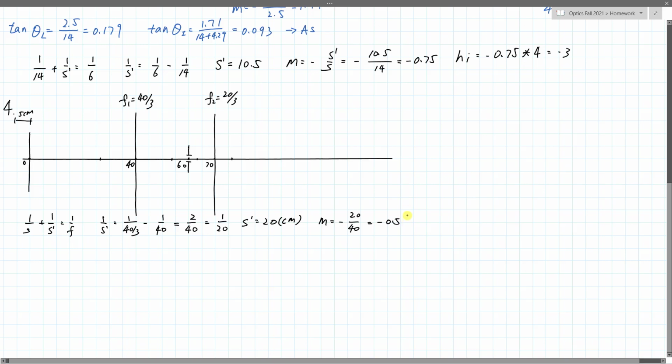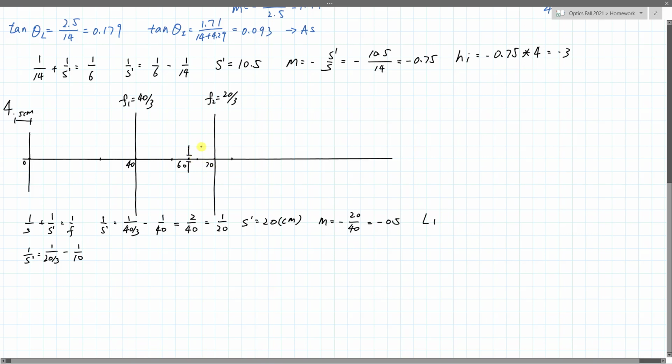And then we want to do the second image with the same exact thing. This is L1. So through L2, the object distance is that. 2 blocks, so 10 centimeters. So 1 over s prime is equal to 1 over the focal length, 3 over 20, minus 1 over the object distance of 10 centimeters. So that is still more than one focal length away.